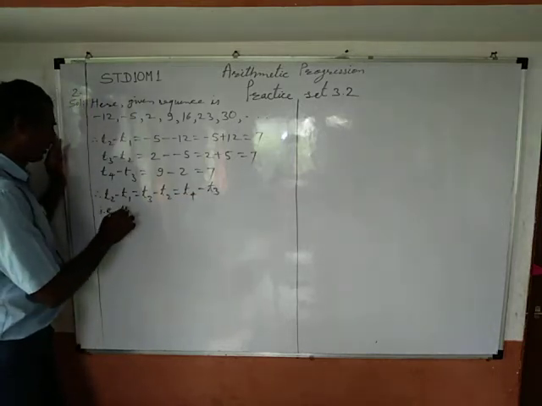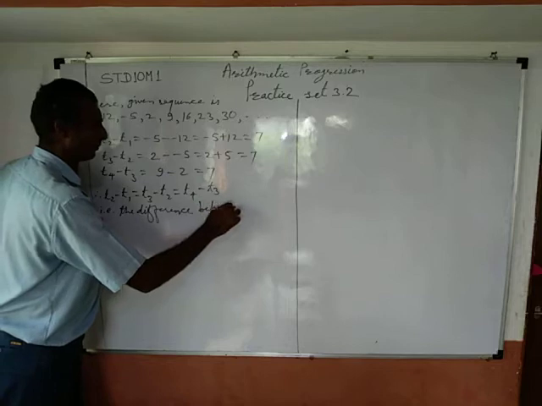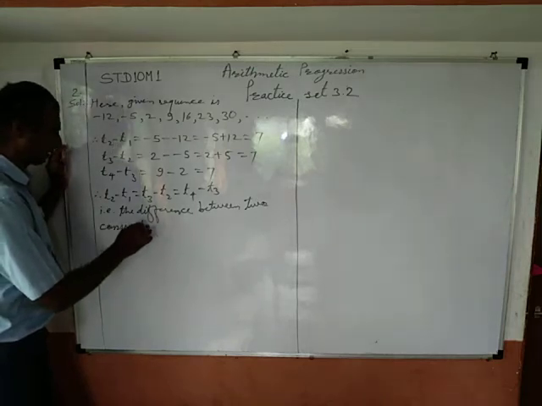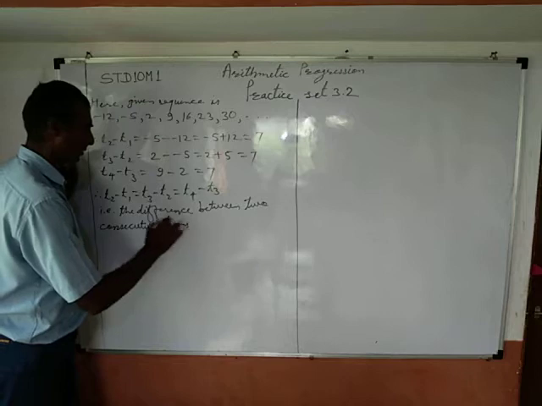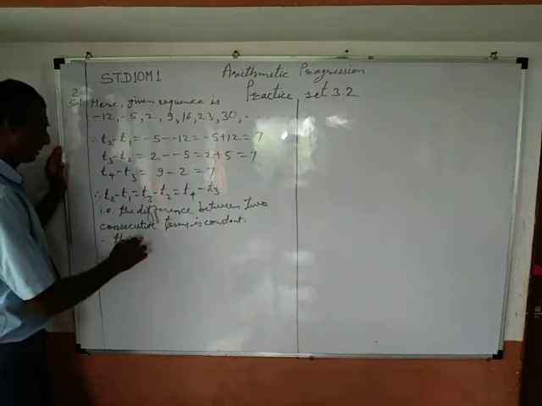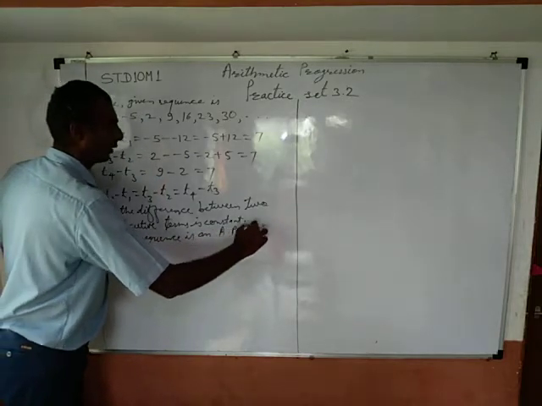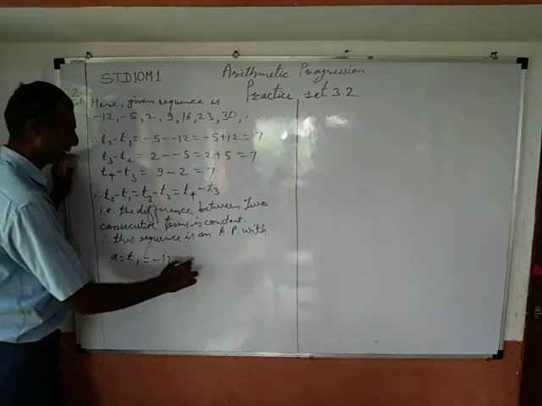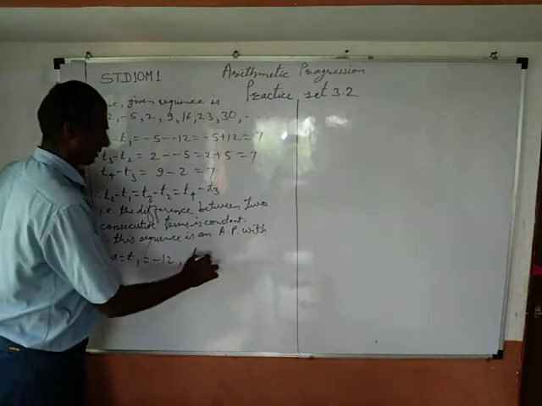That is, the difference between two consecutive terms is constant, and therefore this sequence is an AP with A equals T1 equals minus 12, and D is the common difference between any two consecutive terms, which is 7.